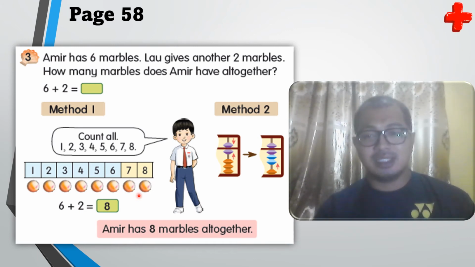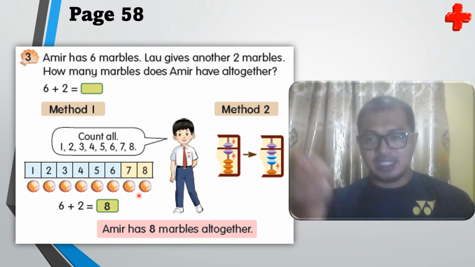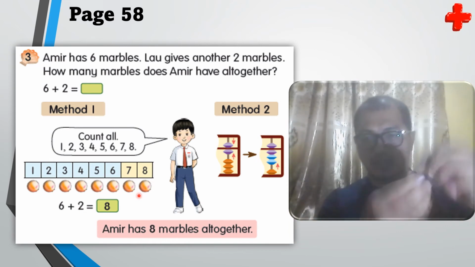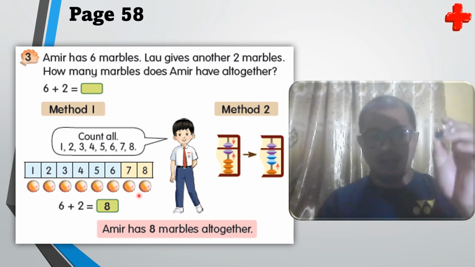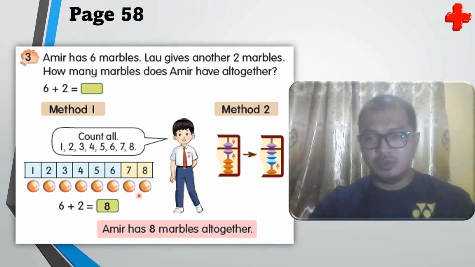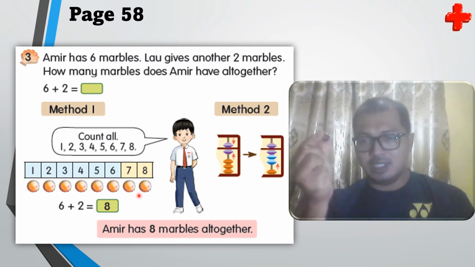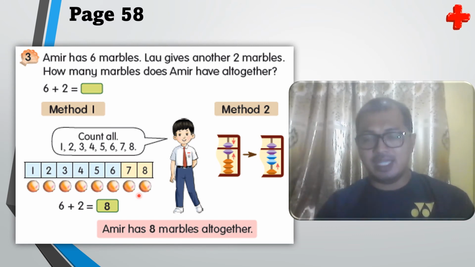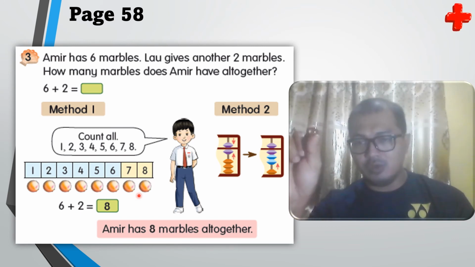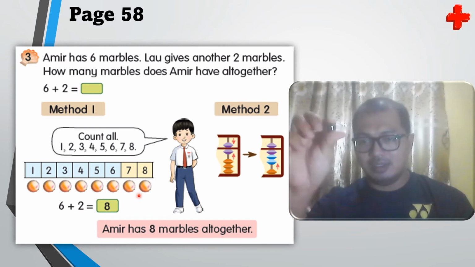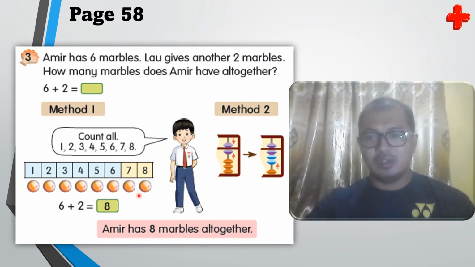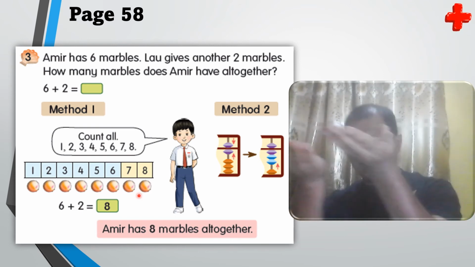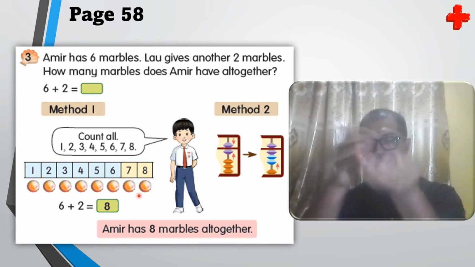Alright, so this is marble. Marble is guli here. Okay, Amir has 6 marbles. 1, 2, 3, 4, 5, and 6. And Lau has 2 marbles. 1 and 2. So I combine the marbles together, right?